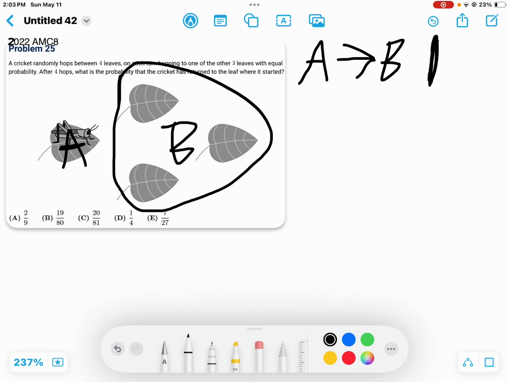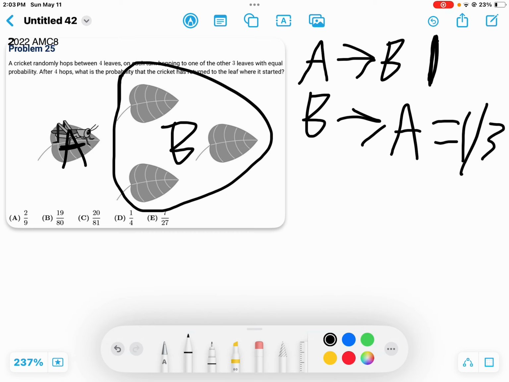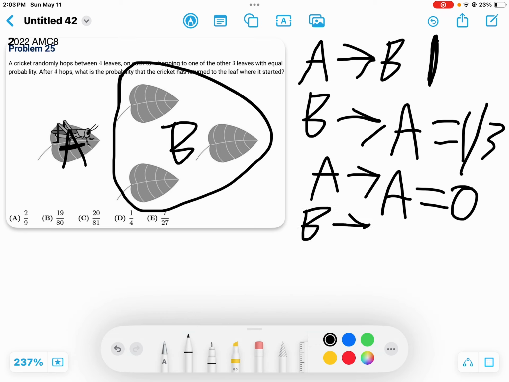The probability that it goes from a B to an A is equal to 1 out of 3 because there are 2 other B's that cannot be counted. The probability that it goes from A to A is obviously 0, and the probability that it gets from a B to another B leaf is equal to 2/3.